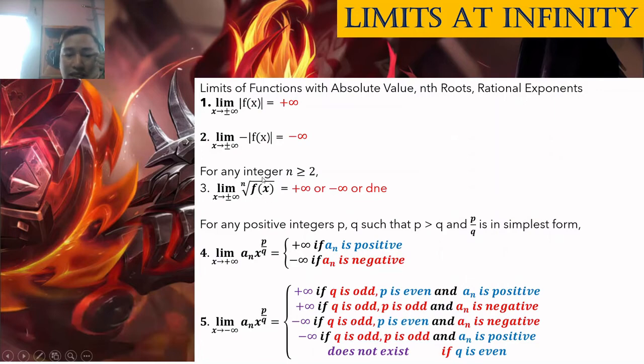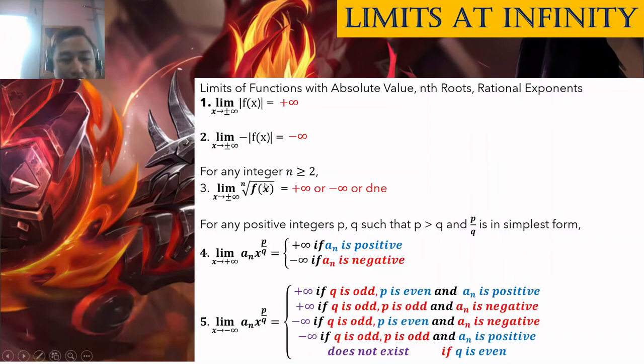If f of x is negative and n is odd, the answer is negative infinity. And if our f of x is positive, it goes to positive infinity. Okay? Now, next.